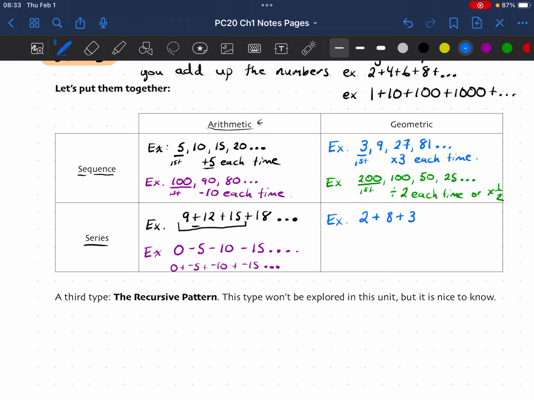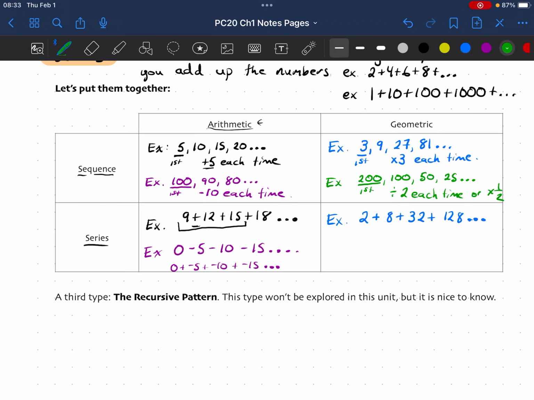Then we're going to add to it 32. And then we're going to add to it, I'm multiplying by 4 each time. So that'd be 128, ... Again, this one's uninteresting. Right? It keeps getting bigger and bigger and bigger, and we're going to equal infinity. But again, we can limit ourselves to adding up only a certain amount of the series.